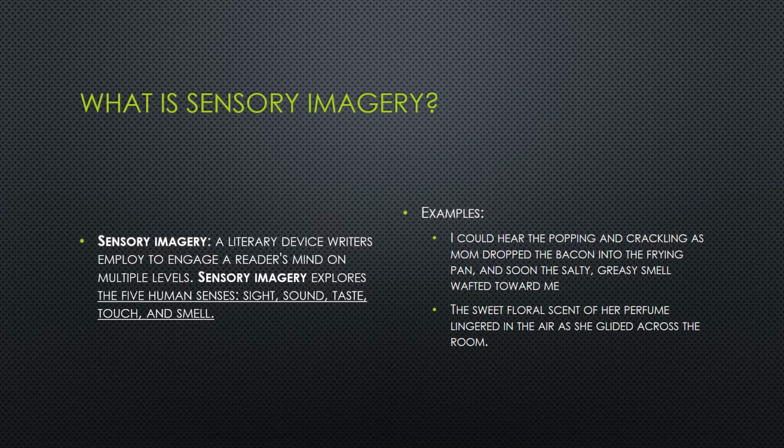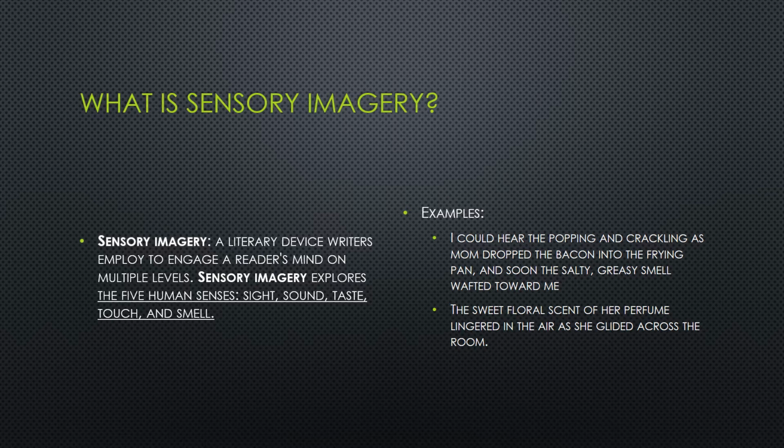Also, how I knew that his mom was the one cooking it is because he explained it. She dropped the bacon into the frying pan. I can visually see that by the words that are being used. And now we have smell. The salty, greasy smell wafted towards me. It came towards me. I got a nice whiff of it.